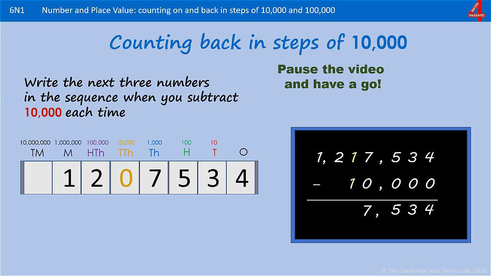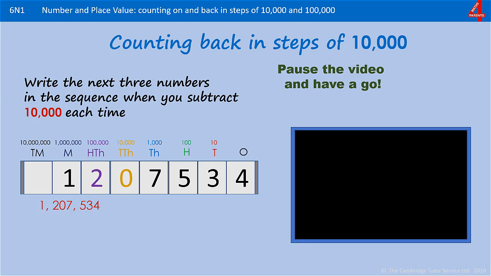We're taking one lot of 10,000 away from another lot of 10,000, which leaves nothing. We're not crossing any boundaries here, so the 200,000 we're taking nothing away, and the 1 million, we're taking nothing away. First number in the sequence, 1,207,534.